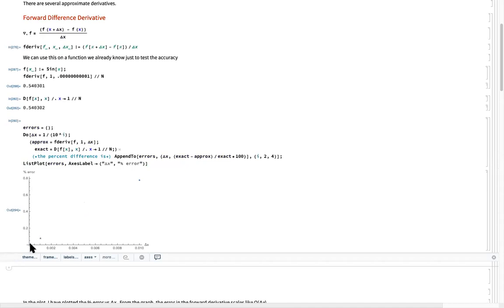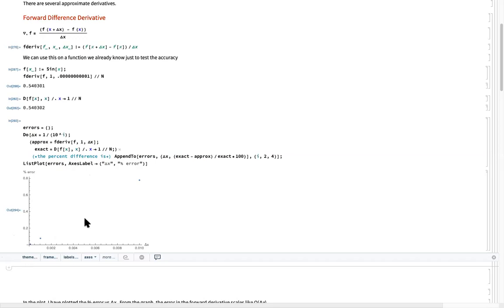And over here it would be 0.0001, and now you see the error is getting really small. And notice it's nice and linear between them. So just as I claimed, the percent error is proportional to delta x. It shrinks linearly as you make delta x smaller and smaller.